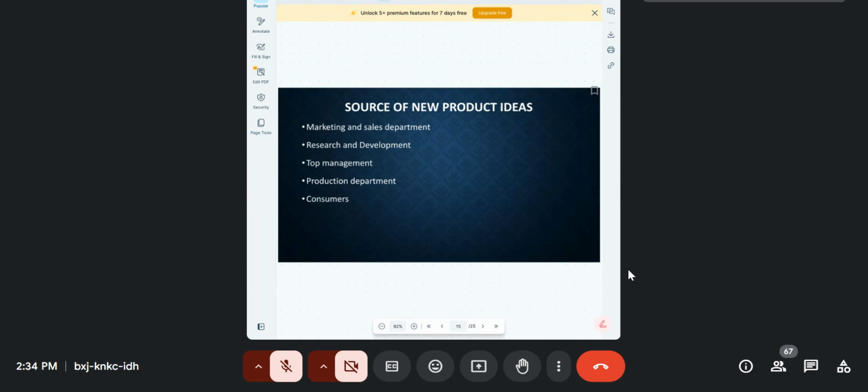In the marketing and sales department, you might be selling a product, then along the interactions, you realize that the clients seem to be interested in a particular feature or a particular product that you don't have. So there, you highlight that. This can also come directly where the customer gives you direct feedback on some of the products they're using and the features that they want.